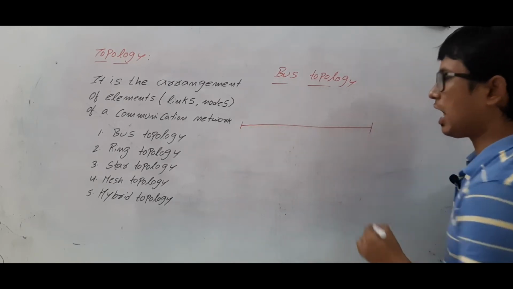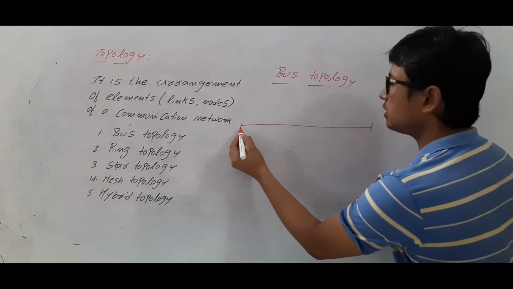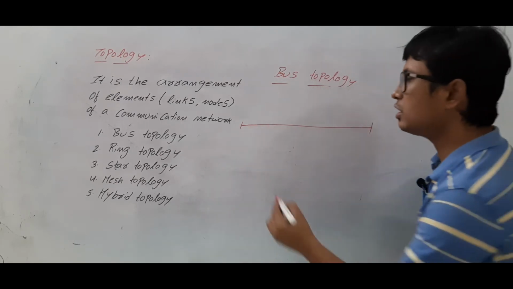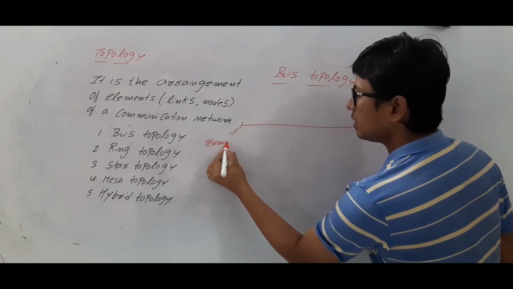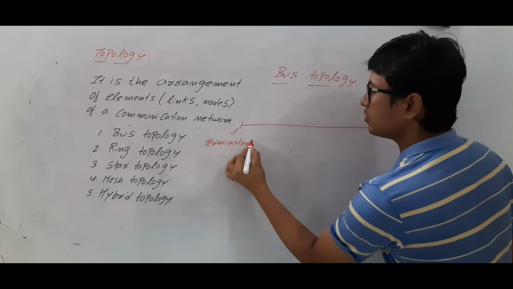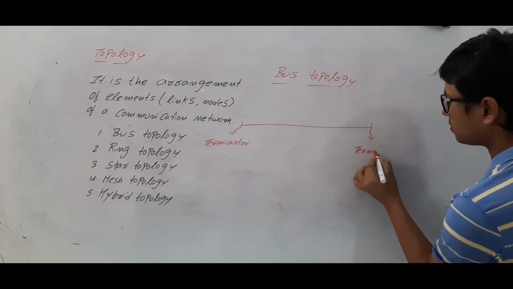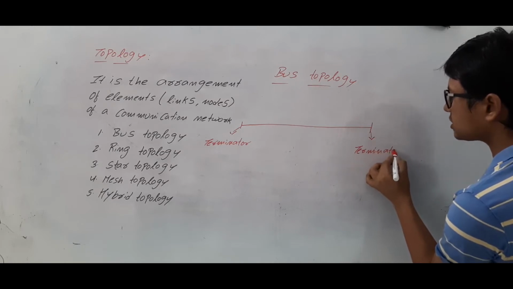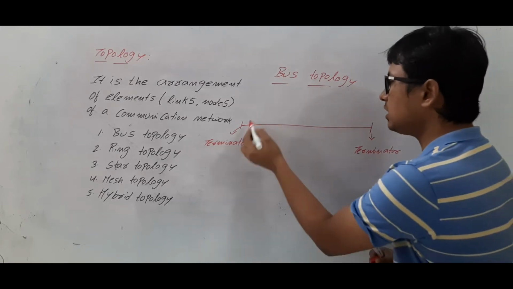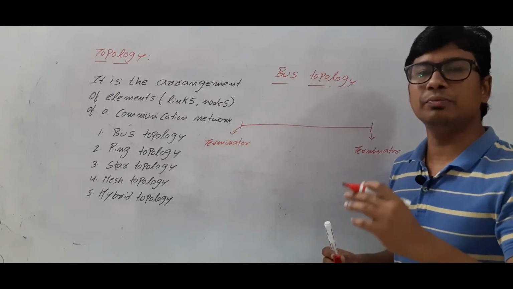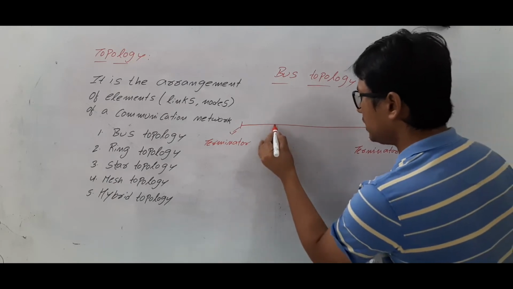We will have a common link which we call a bus, and at both ends of the bus we will have a terminator. What is the purpose of this terminator? Once the signal reaches the terminator, it makes sure that the signal will not bounce back.